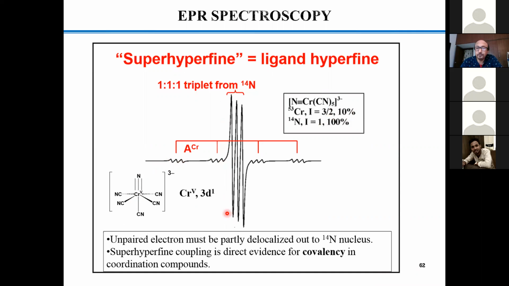So this strong line corresponds to I equal to 0, the splitting due to the metal-nitrogen interactions, and these 4 lines appear because of the 10% chromium 53 with I equal to 3/2, and that ratio would be very small, which is in fact so. Each of these lines is part of the chromium, where the chromium triple bond nitrogen is there, and that would interact and give you the 3 small super hyperfine lines for the other isotopes.